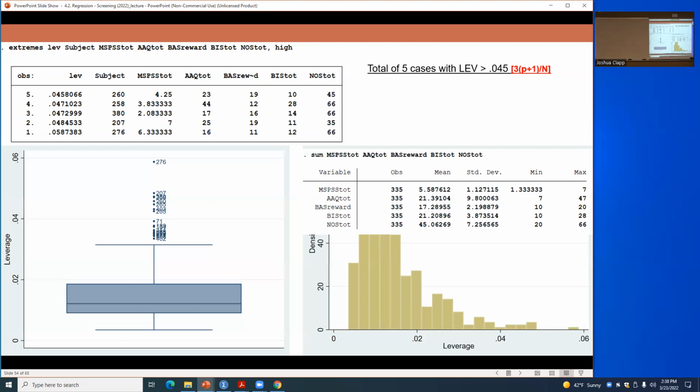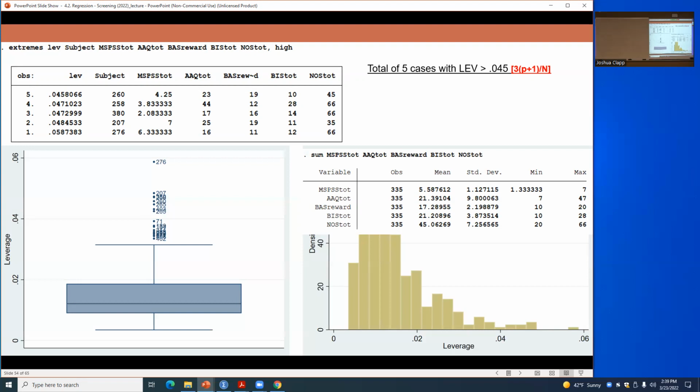But if I look at my AAQ, this person has a value of 16. What's the mean of AAQ for the sample? Just here on the slide. 21, okay?